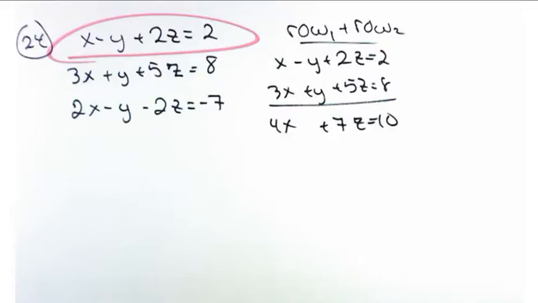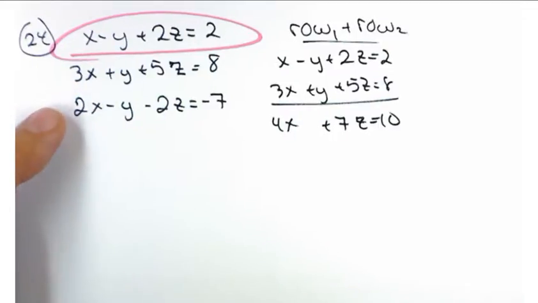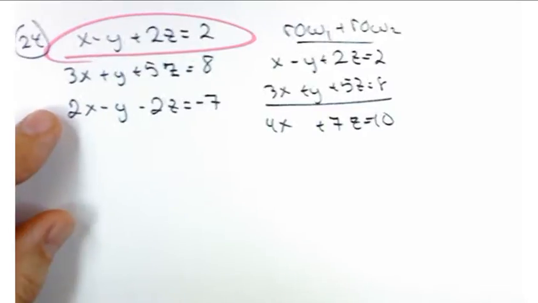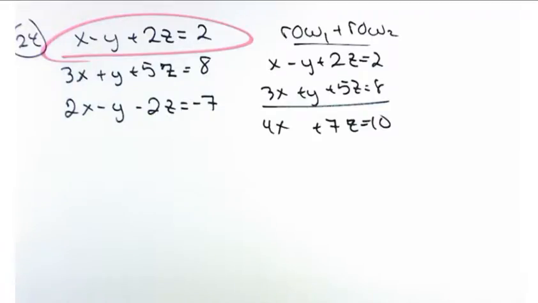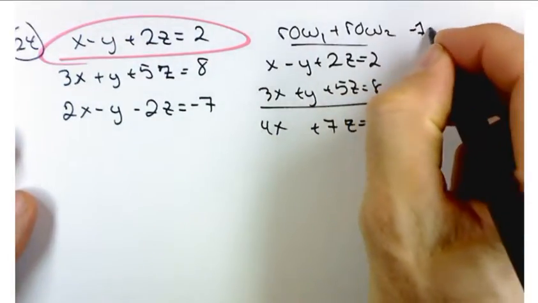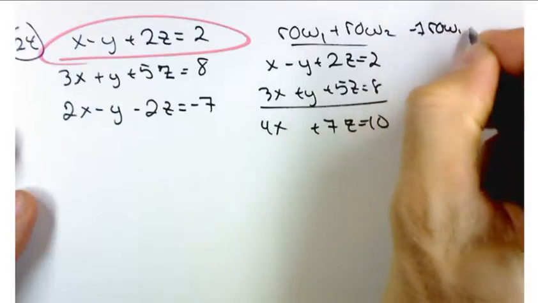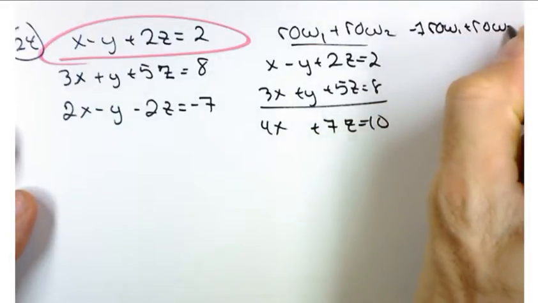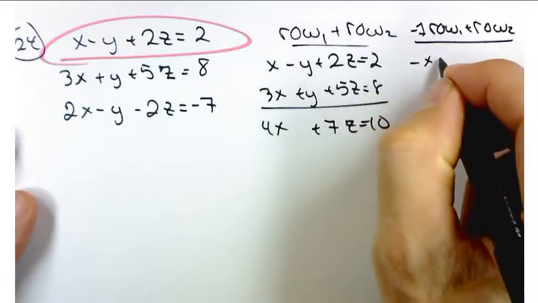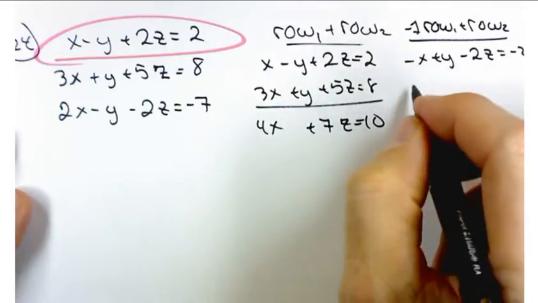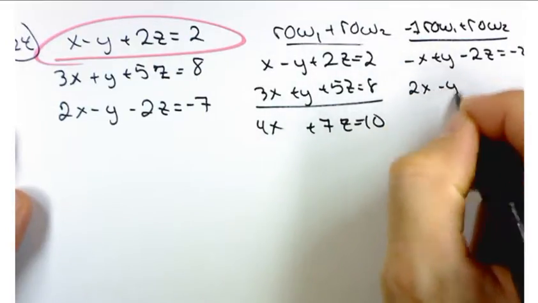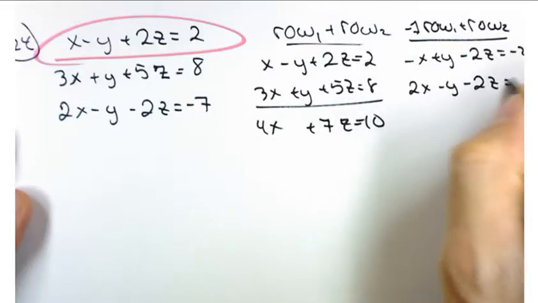We need to repeat that process to get rid of the y from this bottom row. How am I going to get rid of the y in the bottom row? I can't add these anymore, right? Because that would give me negative 2y. So what do I have to do? Multiply by negative 1. So negative 1 times row 1 plus row 2 is going to be negative x plus y minus 2z equals negative 2, added to 2x minus y minus 2z equals negative 7.